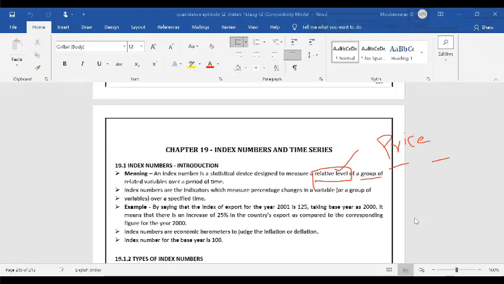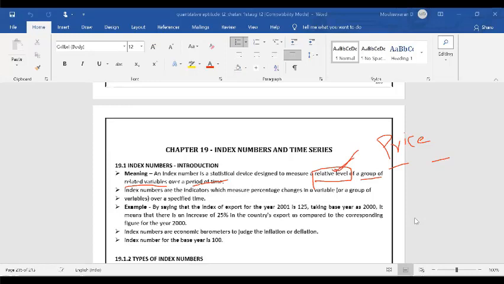Of a group of related variables. It may be some product or some service, whatever it is, some cost. For that cost over a period of time, I am finding out what the relative level is. That is what an index number is. Once again, I am repeating it.